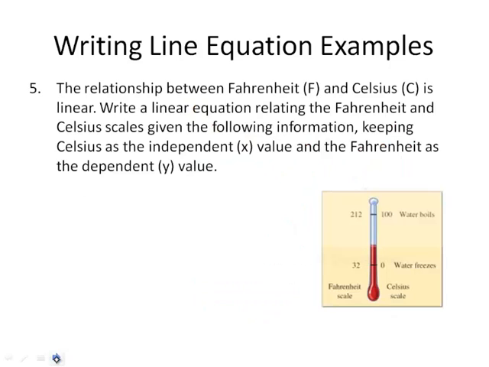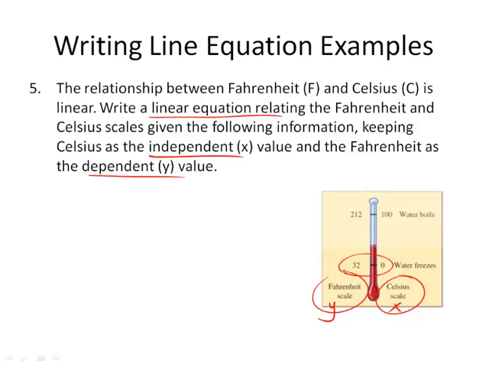Here's a little bit of an application problem. We know that the Fahrenheit and Celsius scales are related with a linear relationship. So given that information, and given Celsius being our independent variable and Fahrenheit being our dependent variable, that's just how the question defines it, they want us to write a linear equation relating the two.